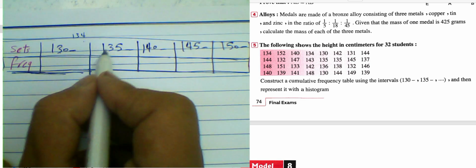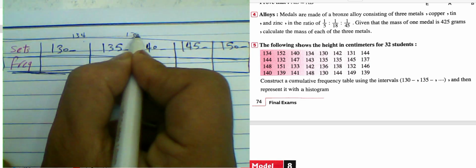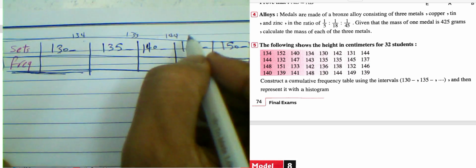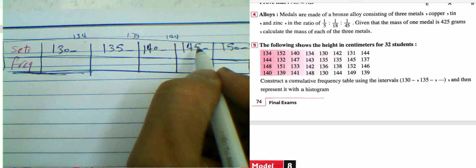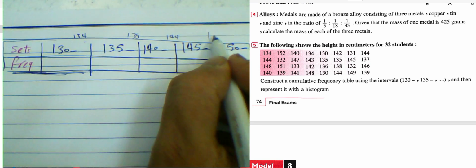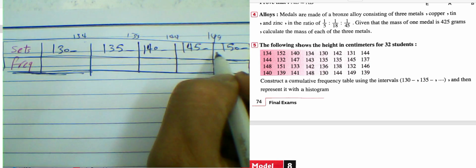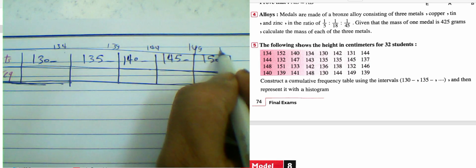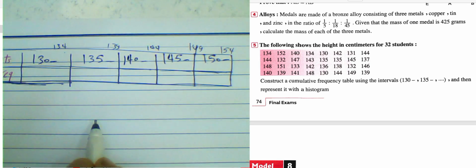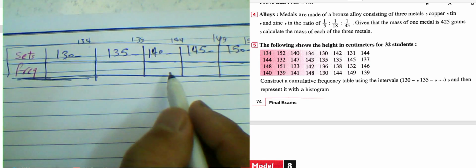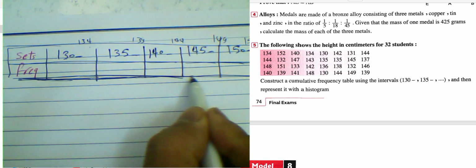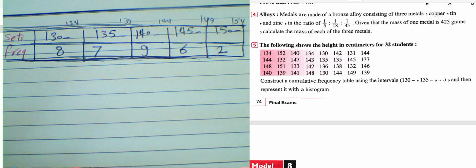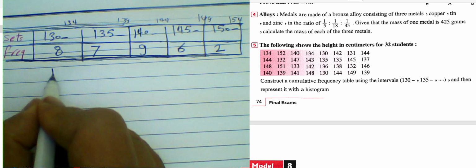Okay, and here count from 135 to 139, and from 140 to 144, 145 to 149, and here from 150 to 154. Okay, you can count from the table all elements and write all frequencies here. Understood? We get the result here, and then we can draw the histogram.